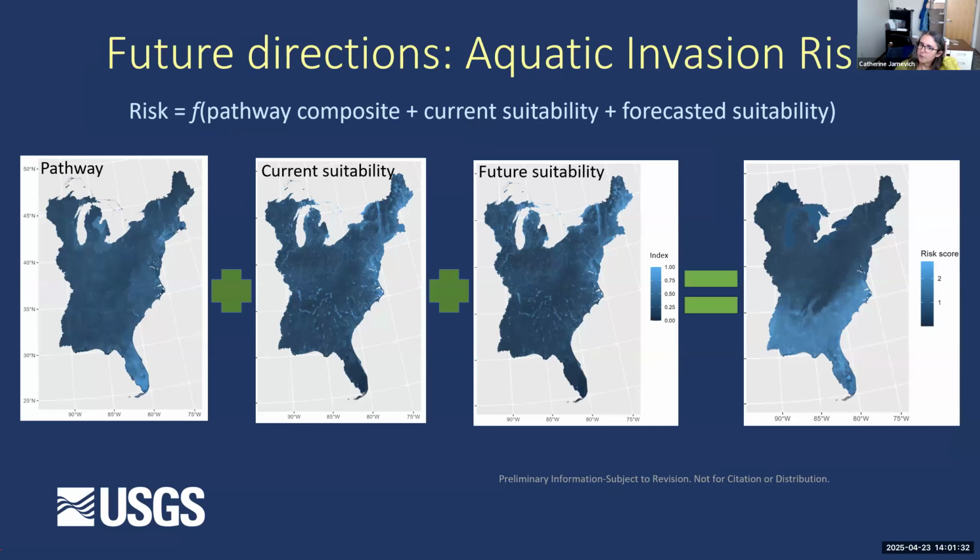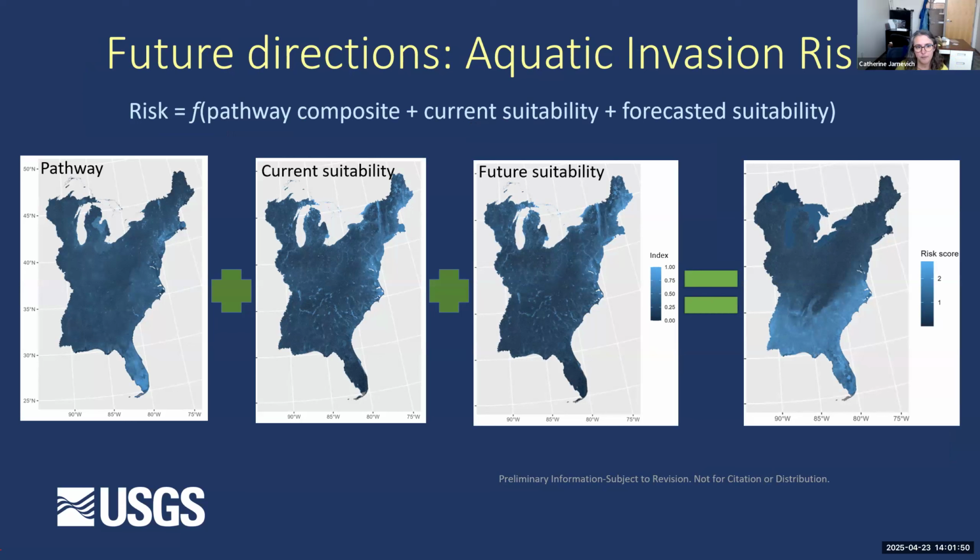With that aquatics project, another thing we've been thinking about is that we have the suitability, so where things could establish, but also pathways and how a species might be able to get from where it's already found to a new location.